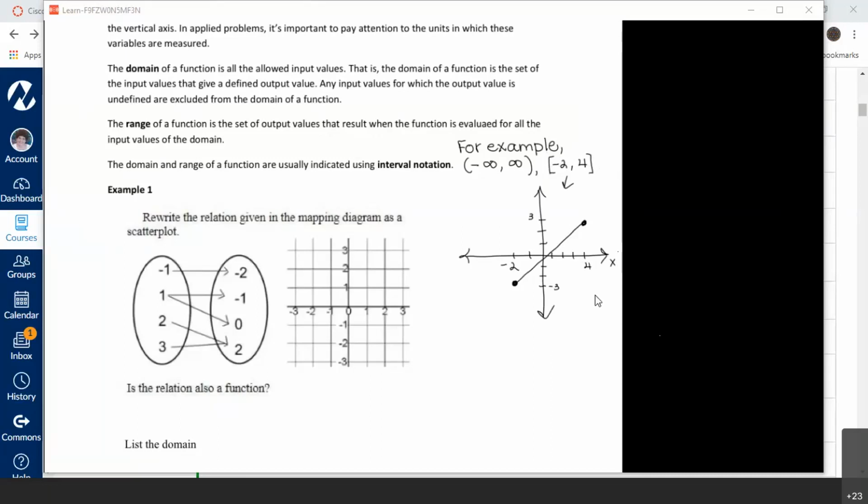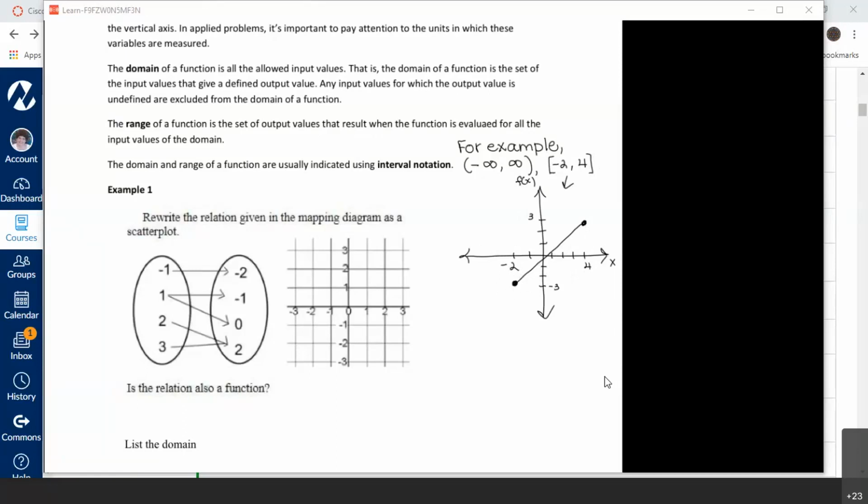All right, so here you can see on the x-axis, my function goes from -2 on the left, including it because it has a solid dot, and it goes all the way over to +4 on the right.